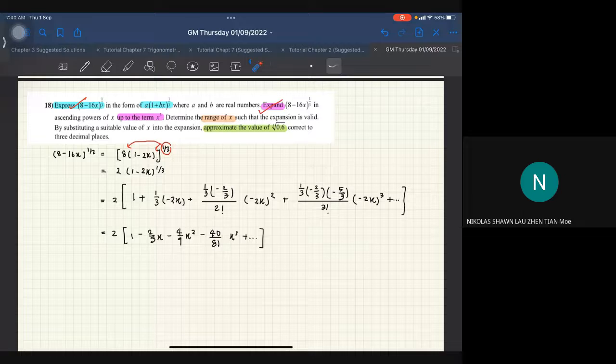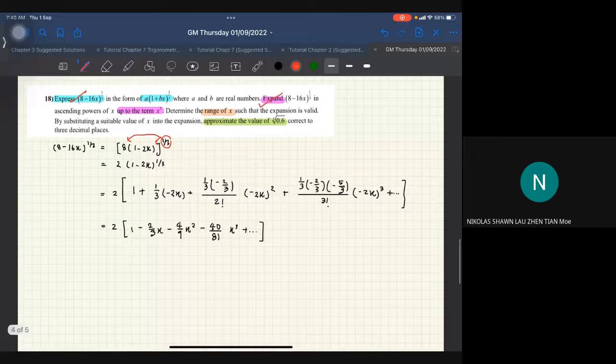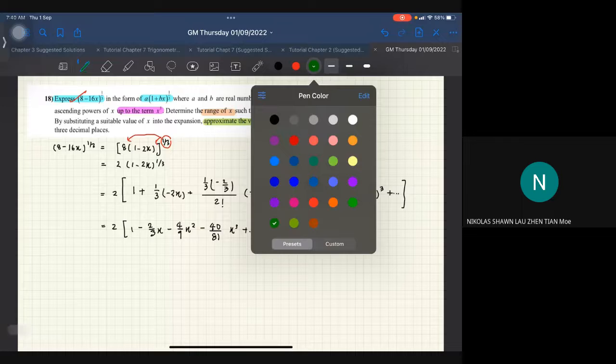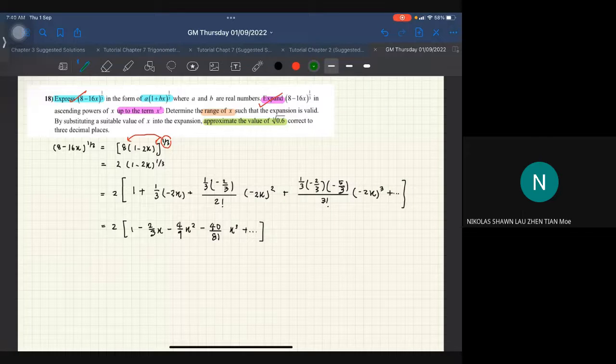So sekarang saya nak cari range. So range ni senang sahaja. So kita akan ambil daripada expression yang kita dah rearrange. So this one kita akan ambil. Okay, so kita cari validity dia. So kita akan dapat modulus 2x is less than 1. Okay, so buka modulus, awak dapat 2x is less than 1, greater than negative 1.